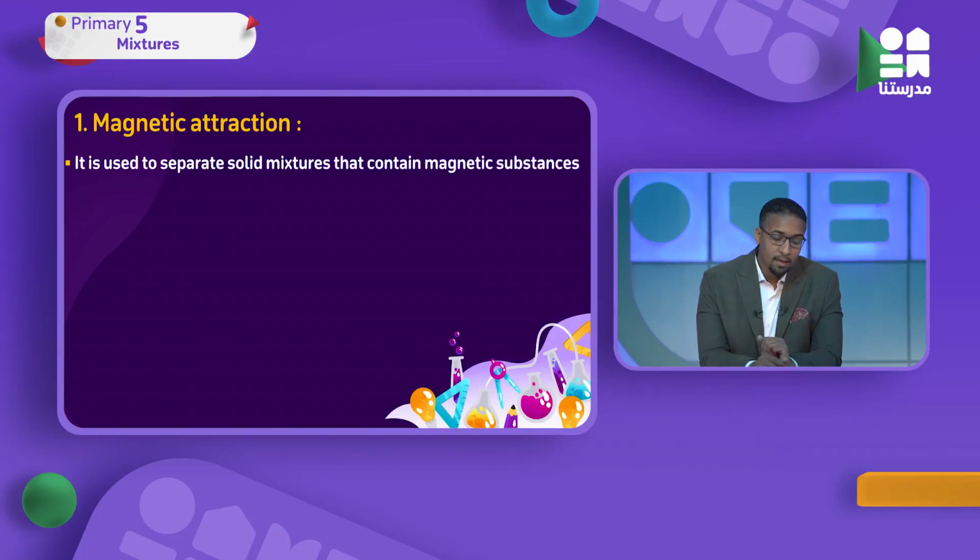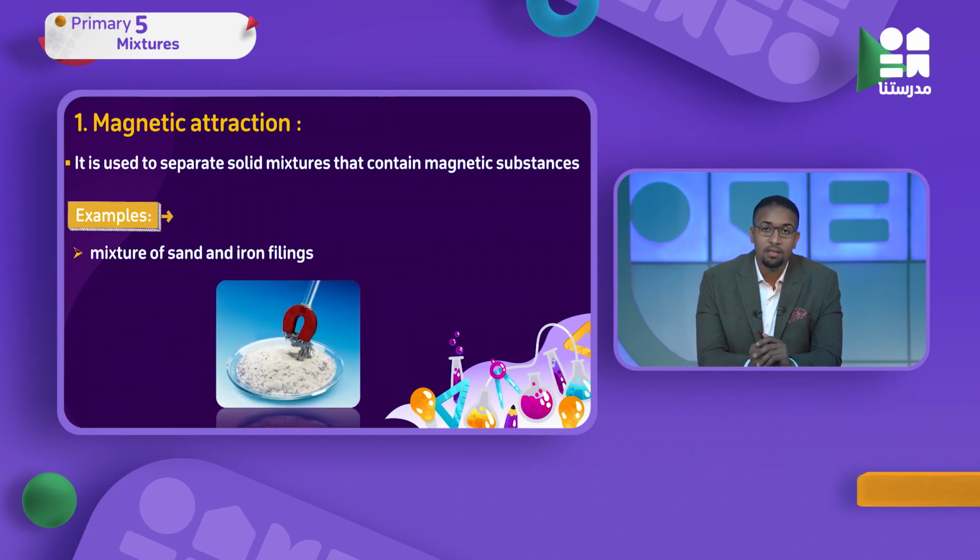So we will use magnetic attraction. It is used to separate solid mixtures that contain a magnetic substance, like iron filings. For example, a mixture of sand and iron filings. If we have sand and iron filings, we can make a mixture by shaking both of them.